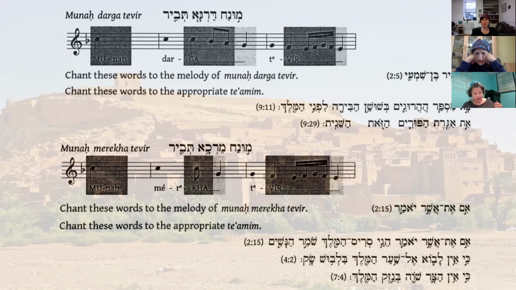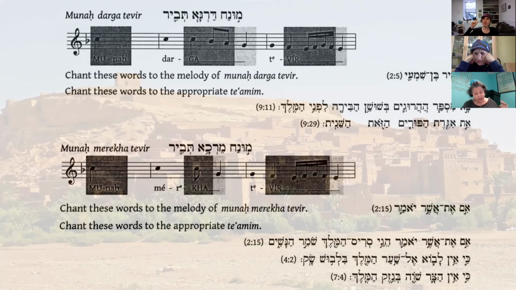הגייס איס המלך. Munach et nachta. שומר הנשים. Yeah. Yep. שומר הנשים. אם את אשר, אם את אשר יאמר. Almost.